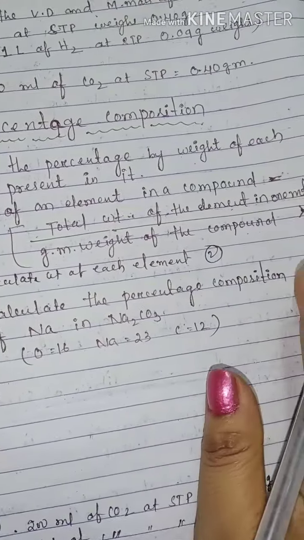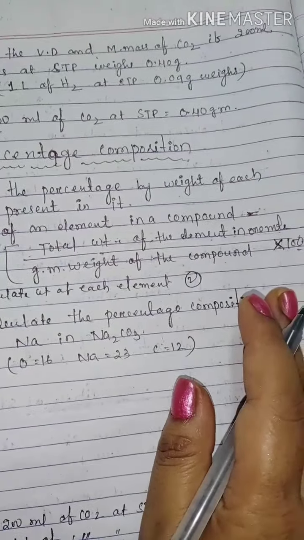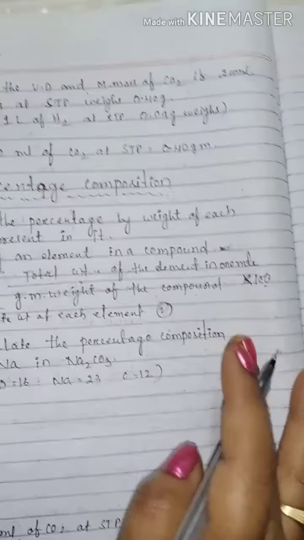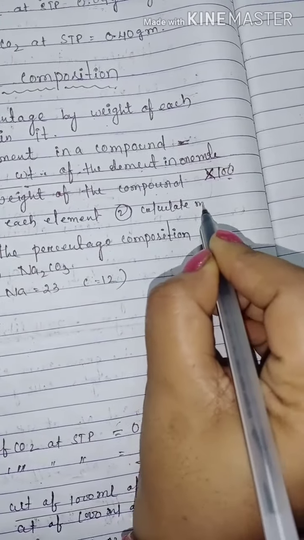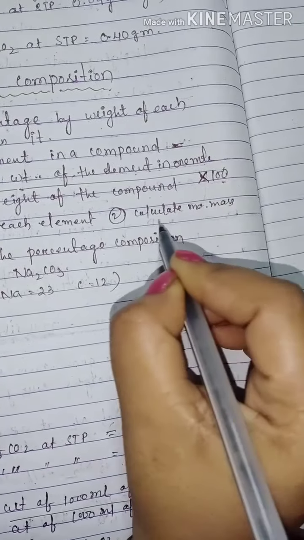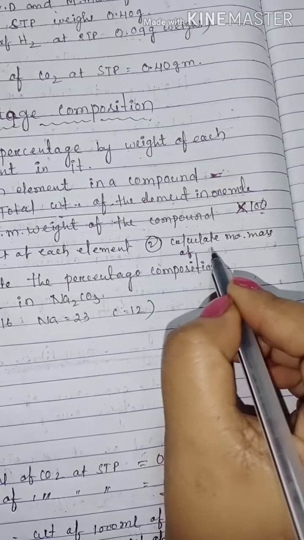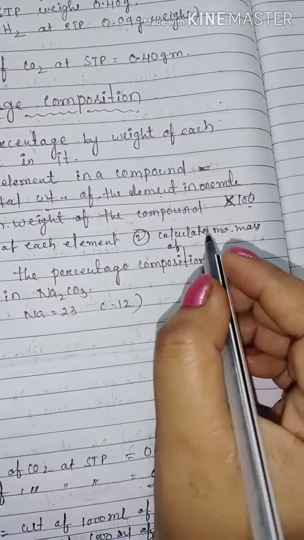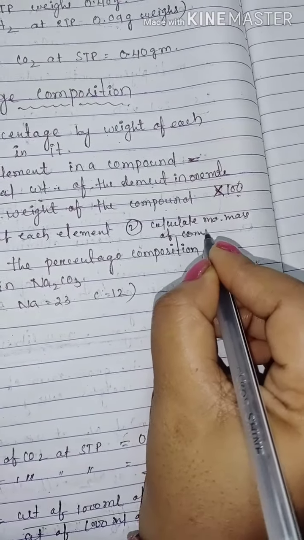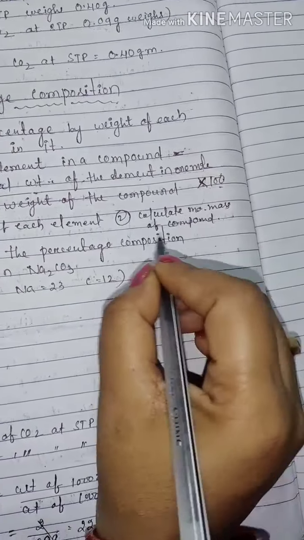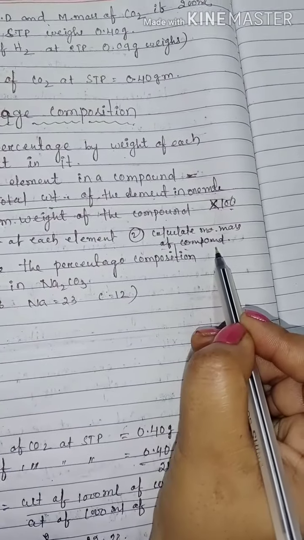The second one is to calculate the molecular mass of the compound, meaning the molecular mass of the entire given compound. How will you calculate this?